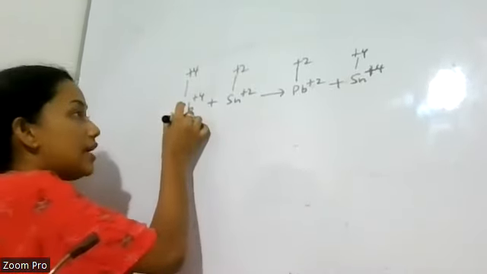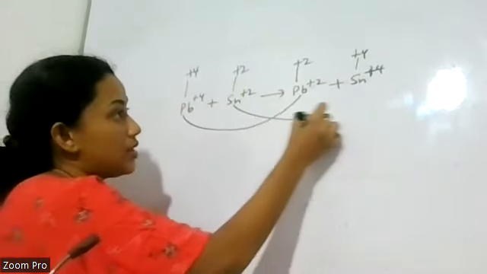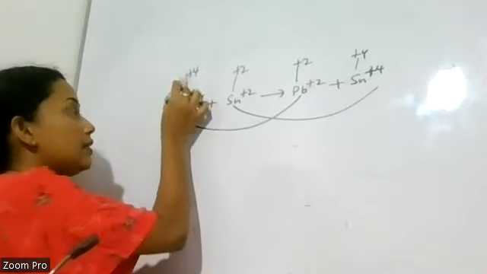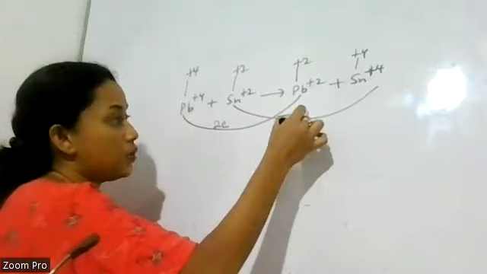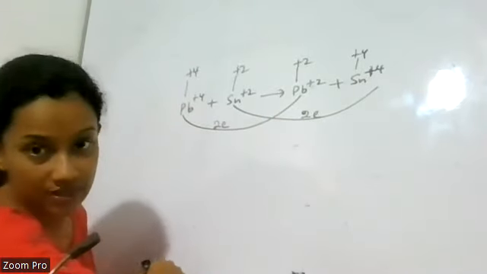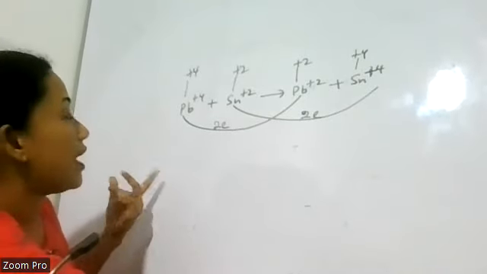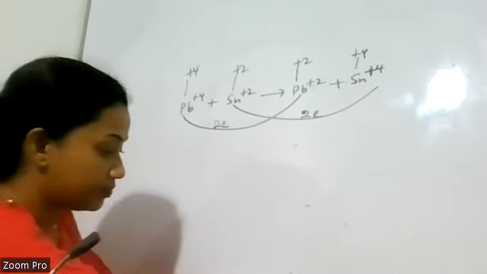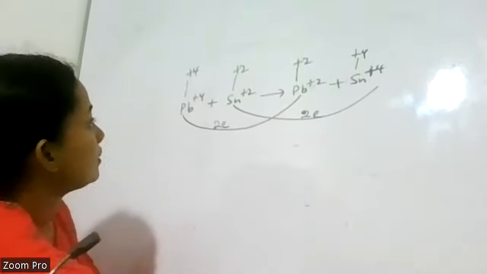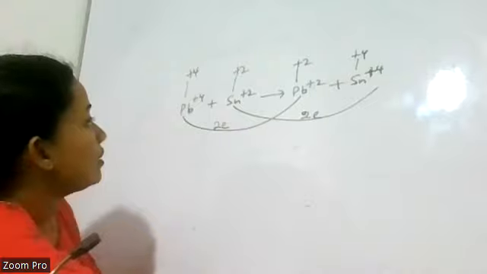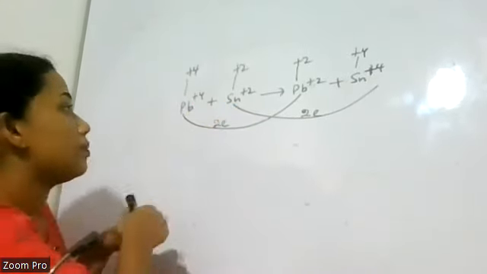You can see lead goes from plus 4 to plus 2, and tin from plus 2 to plus 4. Here 4 to 2 means 2 electrons, 2 to 4 means 2 electrons. Electrons are balanced. Then we can calculate their charges: plus 4, plus 2, plus 6.